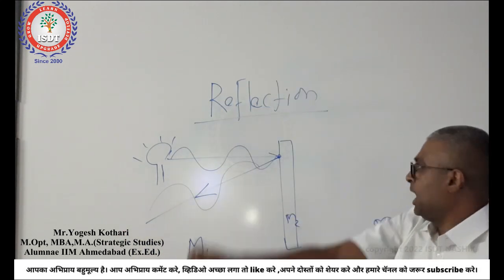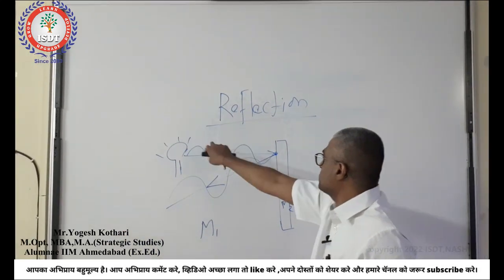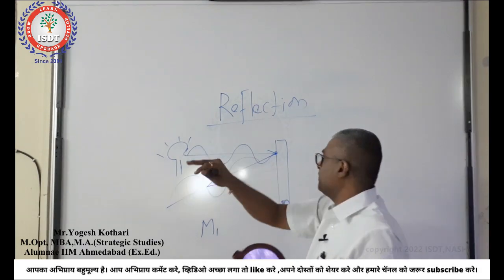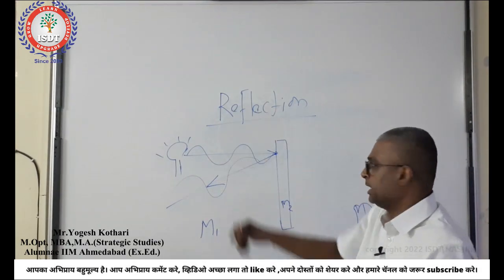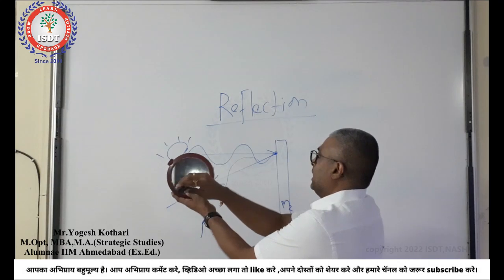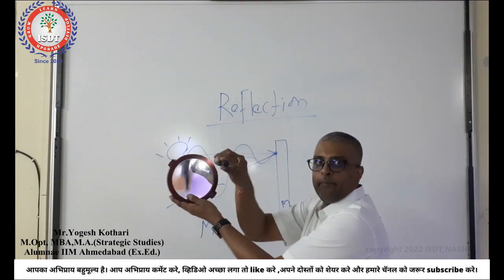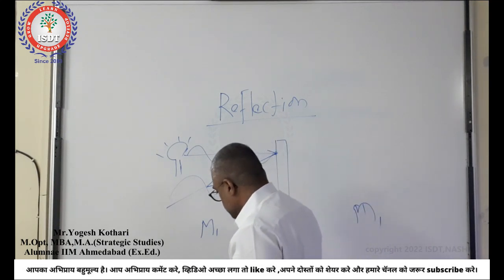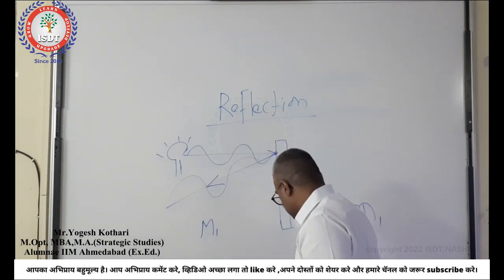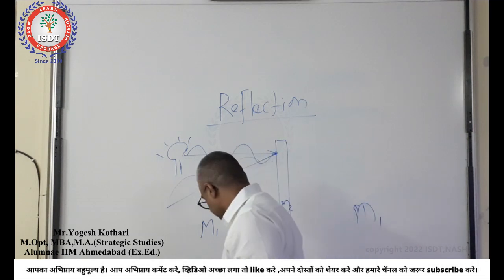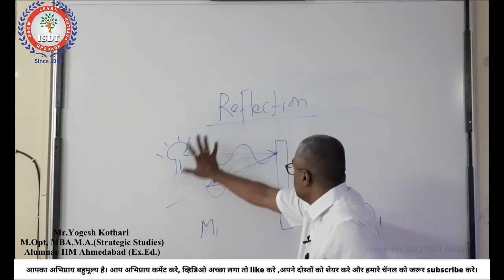Now this is the air. I have started the light and it is falling on the board. That means it is passing through this air. Now I put this mirror in between and I put this light. It is not passing through, it is just reflecting back. So the mirror is the most common example of reflection or a reflective surface. So now this is about reflection.